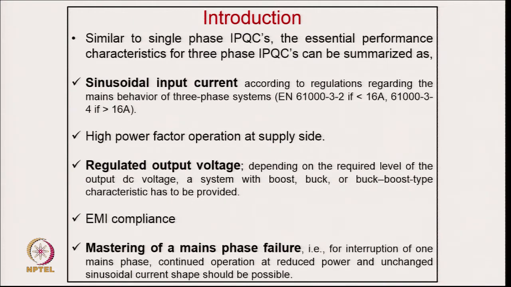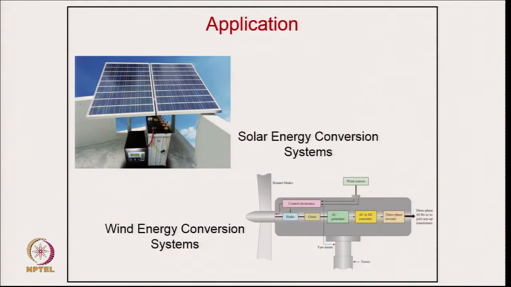Regulated output voltage depending upon the required level of output DC voltage, with boost, buck and buck-boost type characteristic, and of course EMI (electromagnetic interference) compliance. And mastering of AC mains failure, that is, for interruption of one mains phase, continued operation at reduced power or unchanged sinusoidal current shapes should be possible.